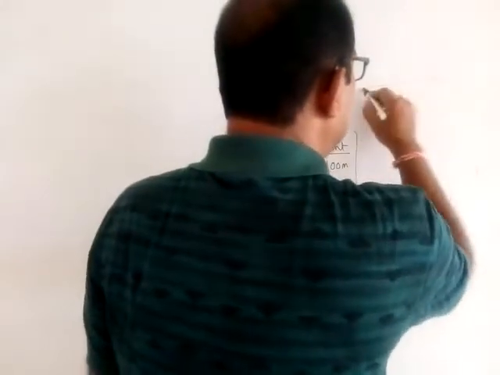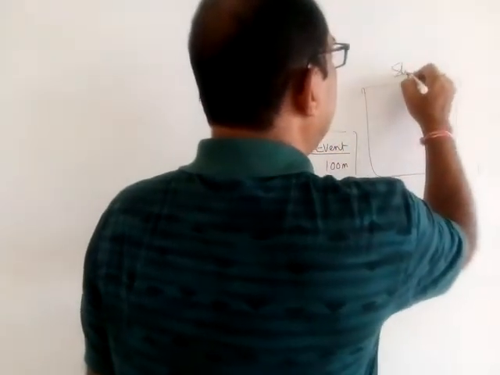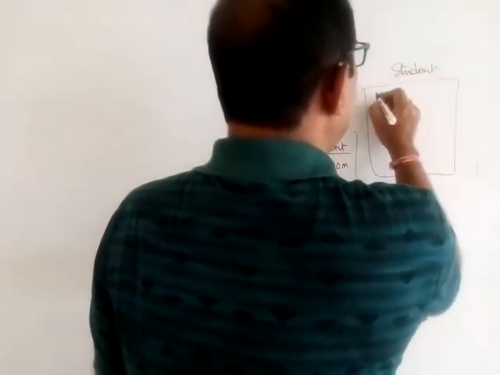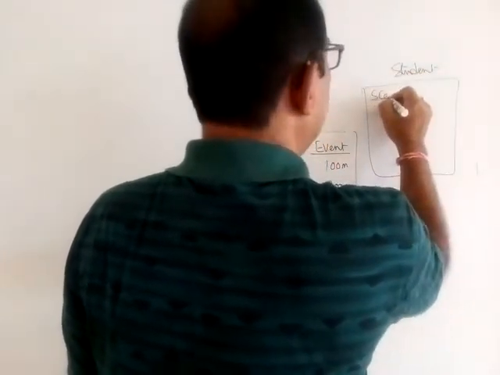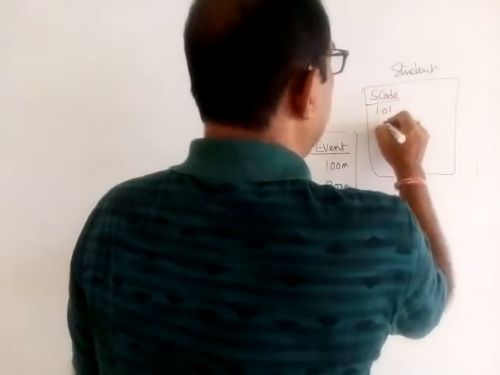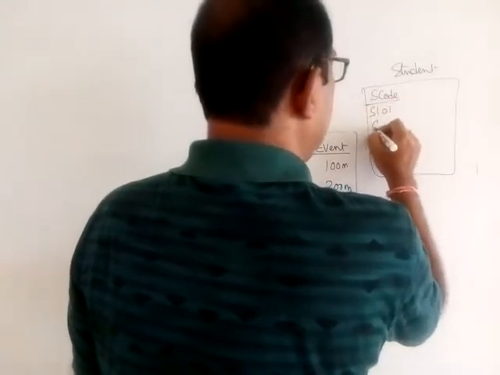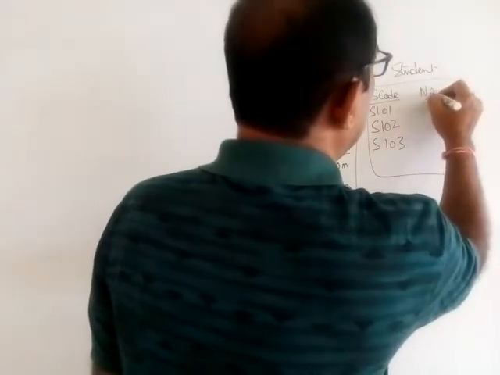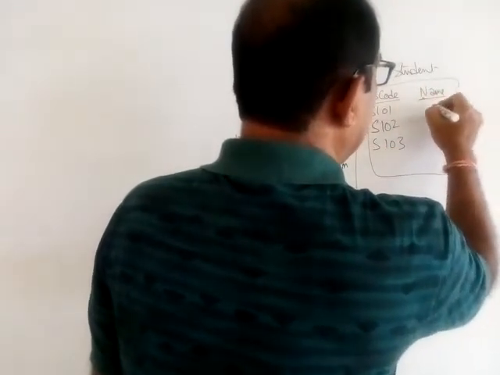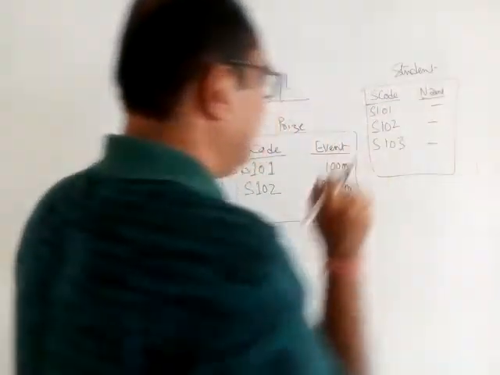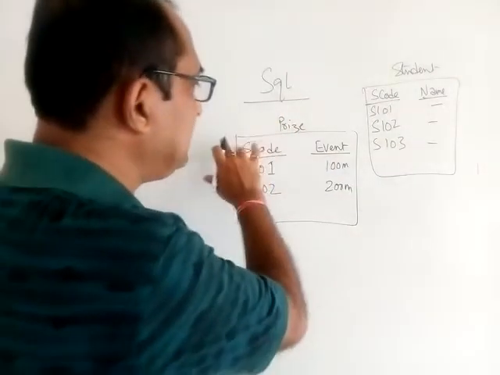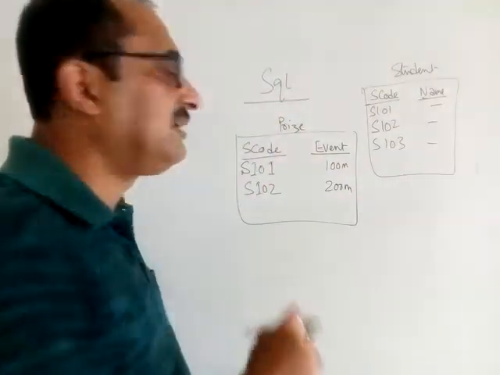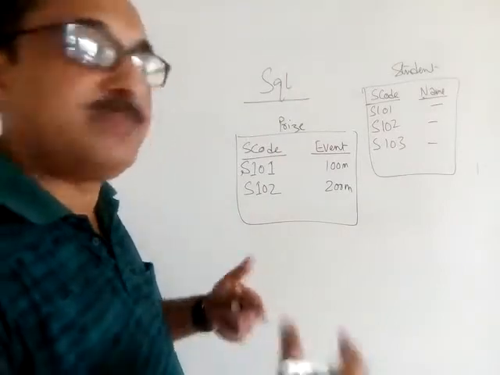And here I have another table which is called the student table. In the student table, all the students' S code, S101, S102, S103, their name and other details. I am not writing all the other details. Now look at this: in this prize table, a particular student might qualify to win two prizes.